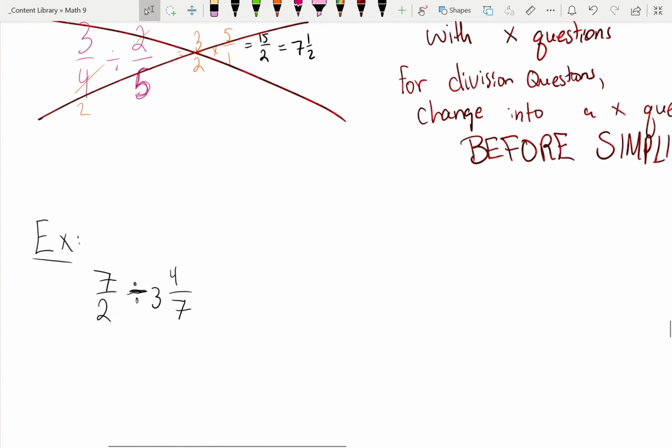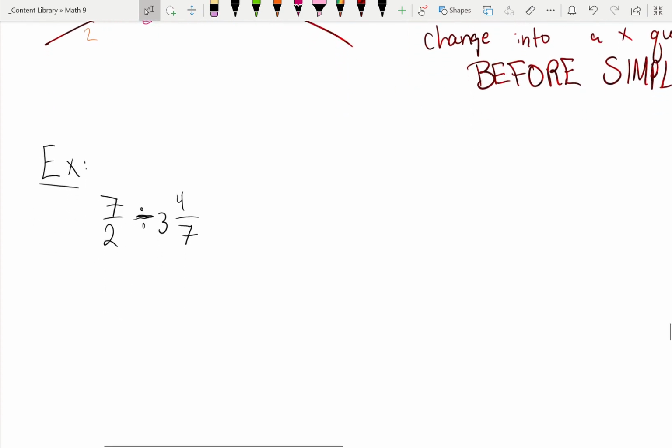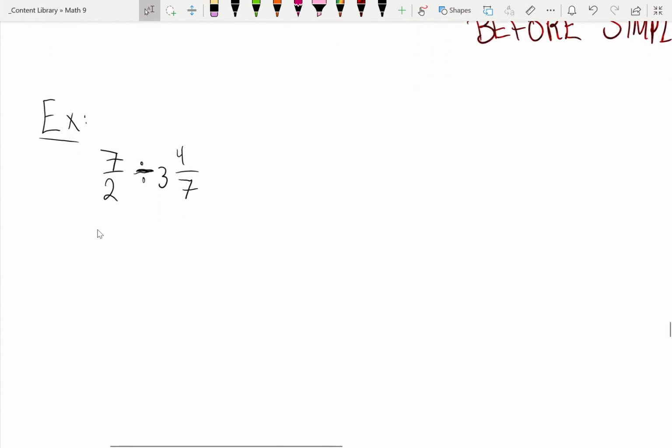Lastly, if I have something like this where it's a big mess, this will be our last example. I have an improper fraction with a mixed fraction. I'm going to go 7 over 2 divided by, and I'm going to convert this to an improper fraction. So I have 7 times 3 plus 4. The way I kind of convert these is I multiply this way, and then I add the value here.